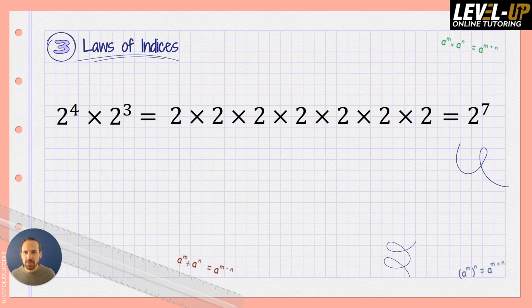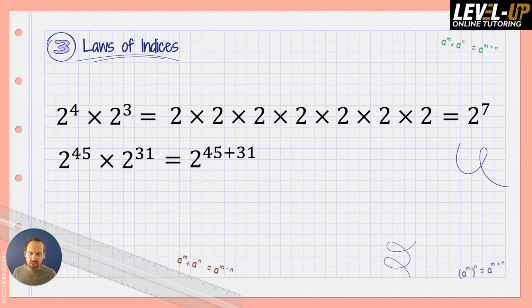So 2 to the power 7. And you might notice that 7 is basically 3 plus 4. And when you have something like this it will always happen. So if we take something like this with much bigger digits, the powers are going to add together and we get 2 to the 76.